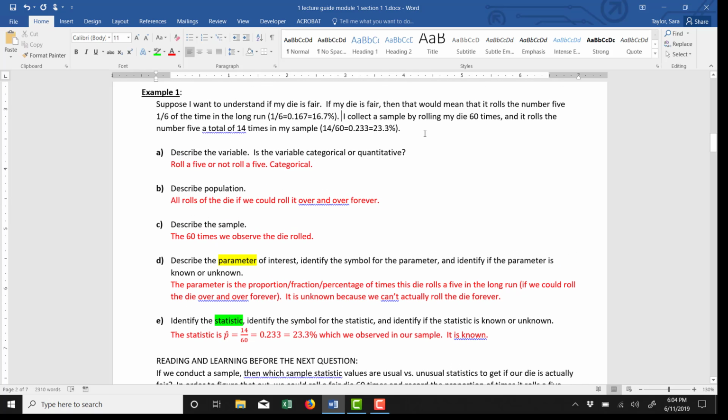Then we'll compare the statistic we actually observed, which was 14 out of 60, with our chance model and see if it's in the area of usual, normal, and expected, or if it's an unusual sort of thing to get.